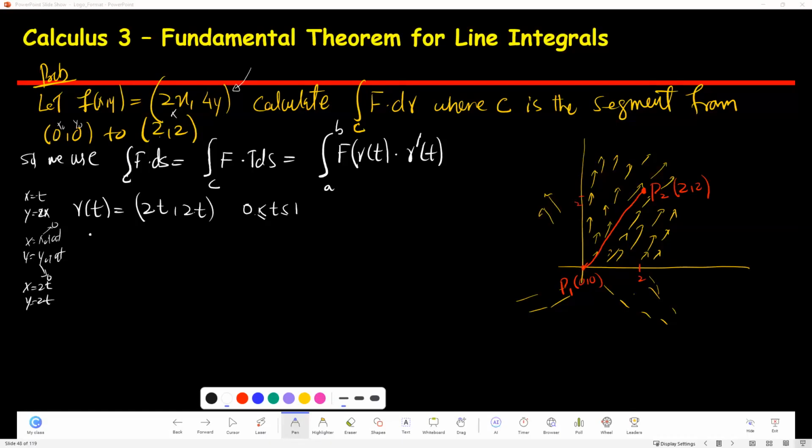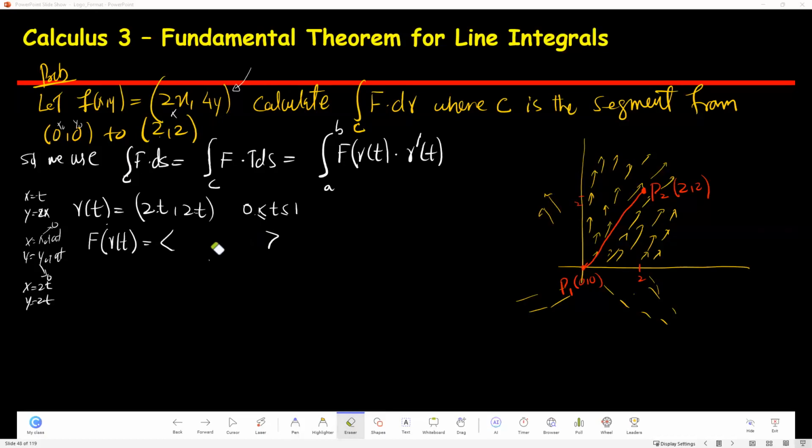And what I'm going to do is take my function and substitute these values into my function. My function is 2x comma 4y. These are the coordinates. I'm going to substitute these two values here.